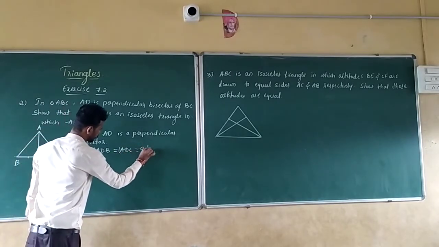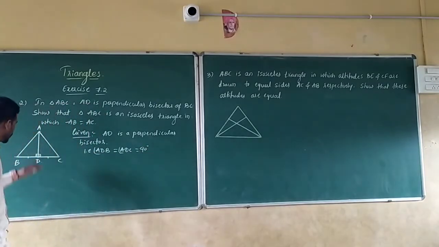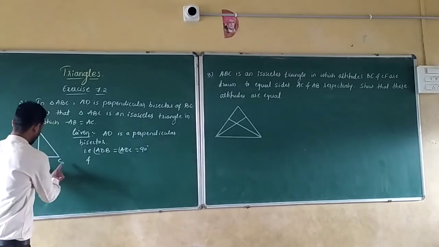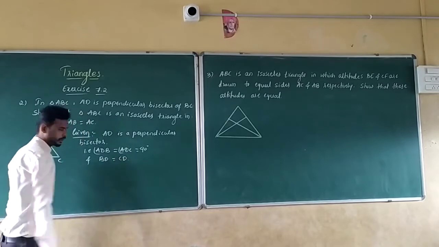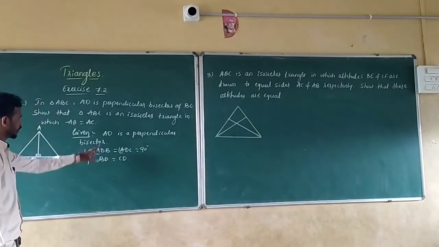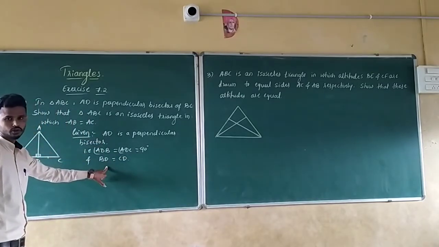Both are how many degrees? 90 degrees, because it is a perpendicular bisector. And BD is equal to CD. AD is a bisector, therefore BD is equal to CD.